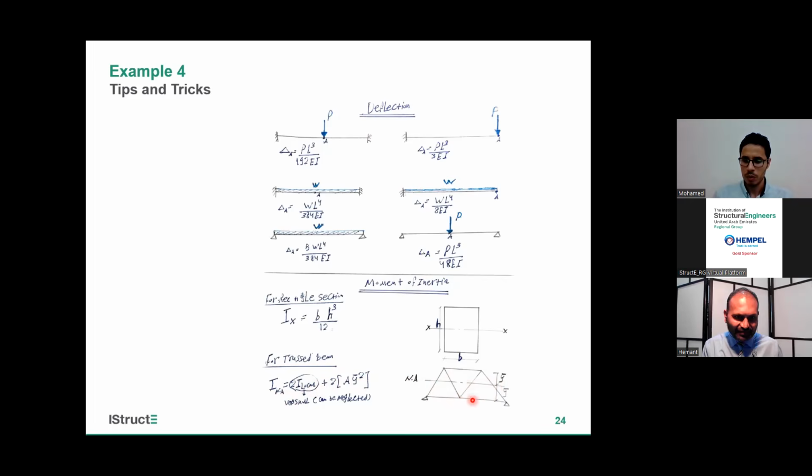We will have the local moment of inertia plus 2 times the area times the distance squared. But this first value is very small, so if we have a trussed member, we can neglect it for quick calculation. We will just take the area times 2 times the distance squared.